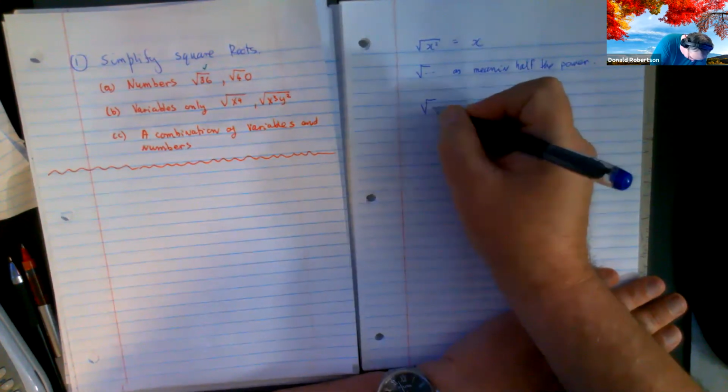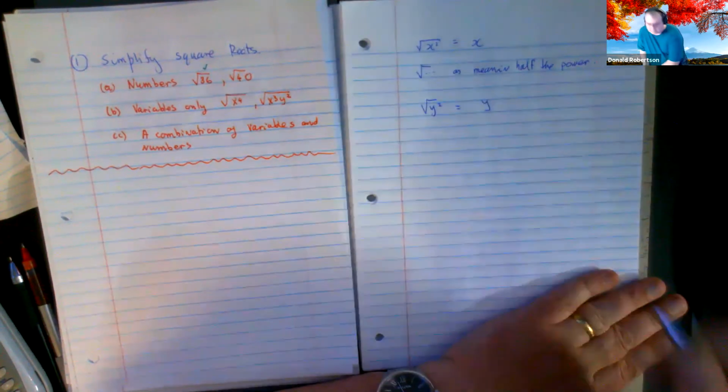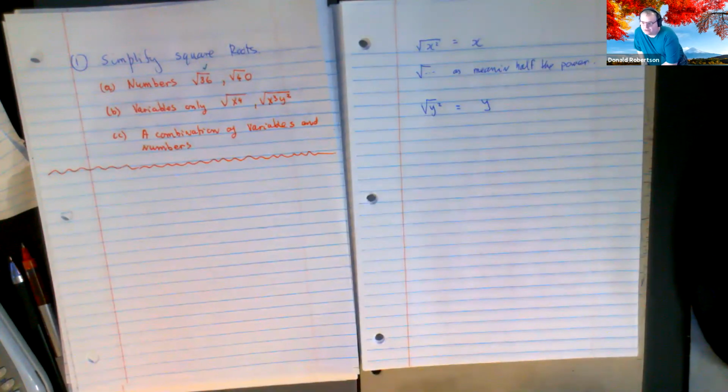So if I said to you the square root of y squared, the answer is y. Now, technically speaking, there should be an absolute value around these darn things, but sometimes in math we get lazy and we just assume that y is positive without putting an absolute value around it. So that makes everybody's life easier.